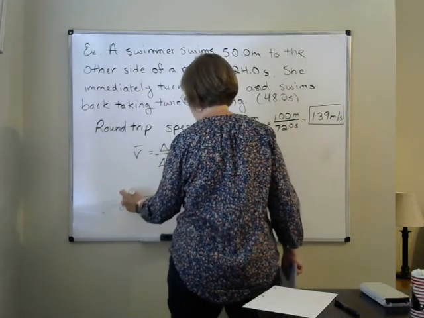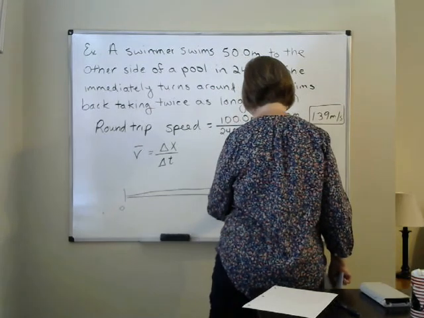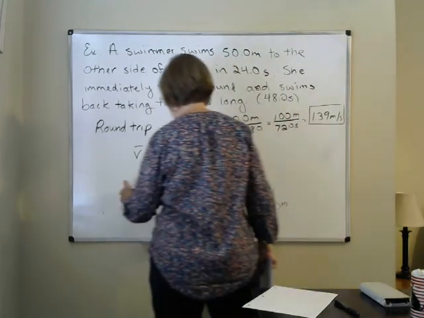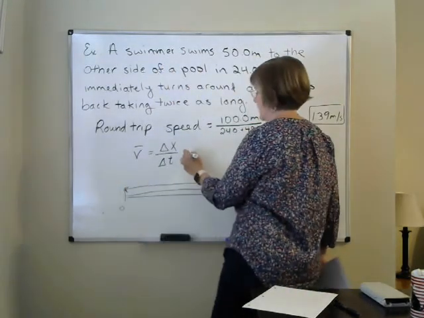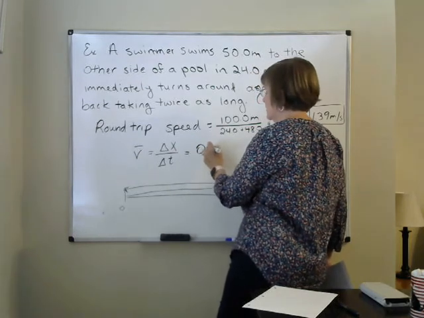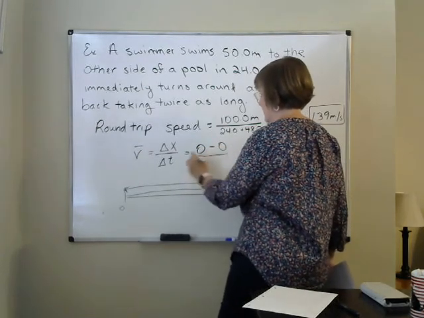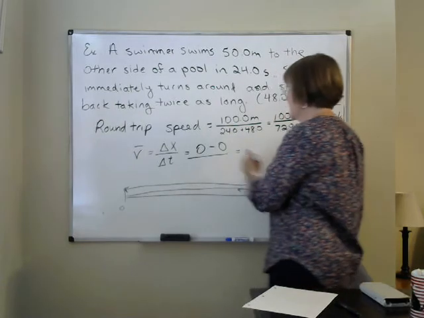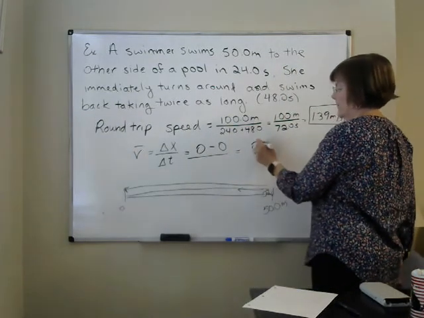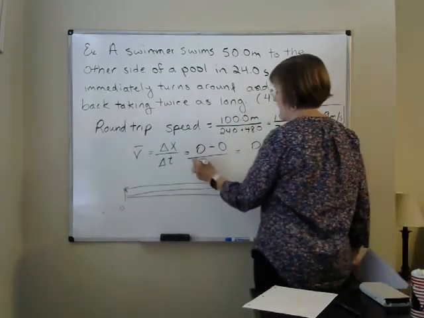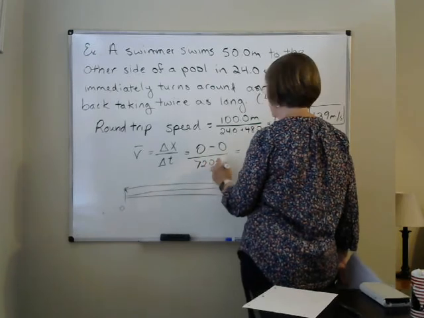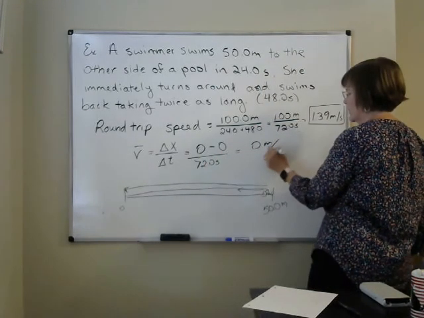Well, here she is. She went all the way there, and she turned around and she went all the way back. She ended at 0. She started at 0. Her displacement was 0. The time was 72 seconds, but that really doesn't matter.